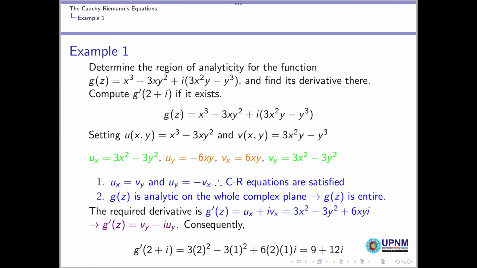We can also get the derivative from v_y minus i u_y. So, to compute g prime of 2 plus i, we will have to substitute in the equation of the first derivative the values x equals 2 and y equals 1. Therefore, you will get 9 plus 12i.